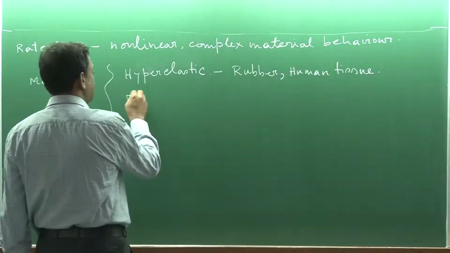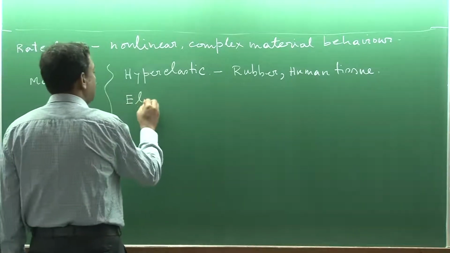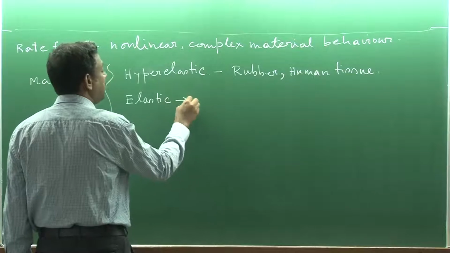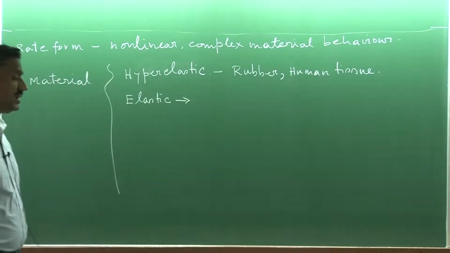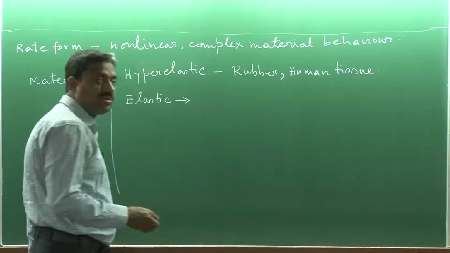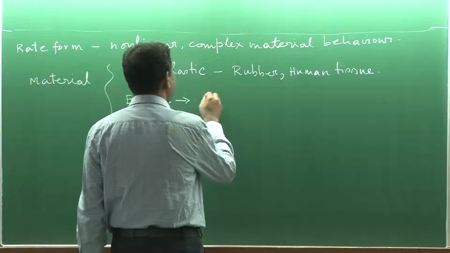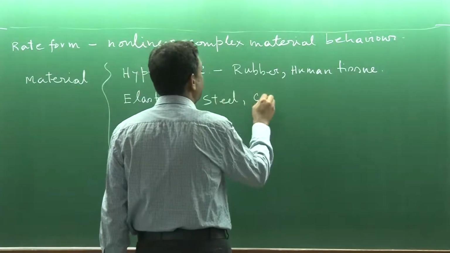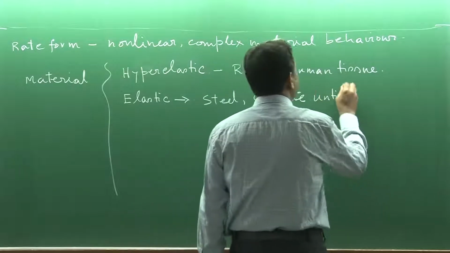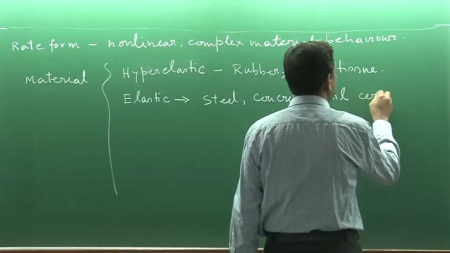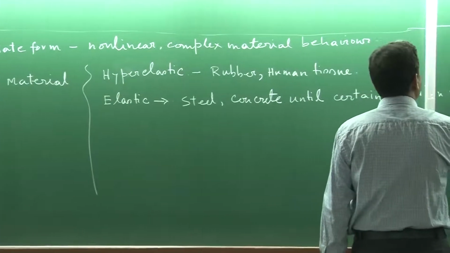Then a material can be hypoelastic, meaning elastic material. Although a material cannot be purely elastic, we consider the strain to be below a certain range, and that is where we consider only the elastic part. So, elastic materials are, for example, engineering materials like steel and concrete, until a certain small strain value.